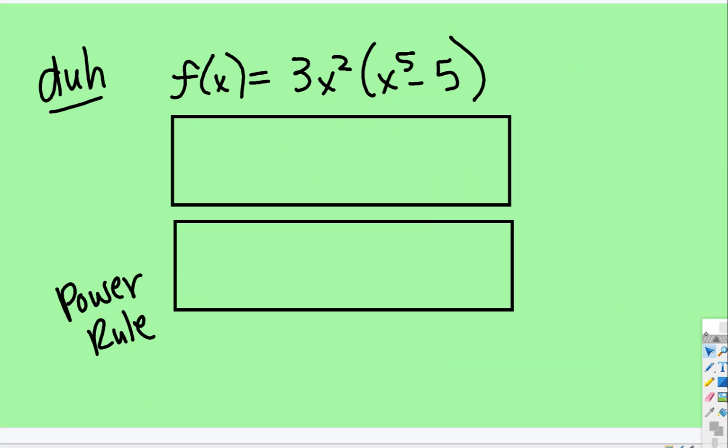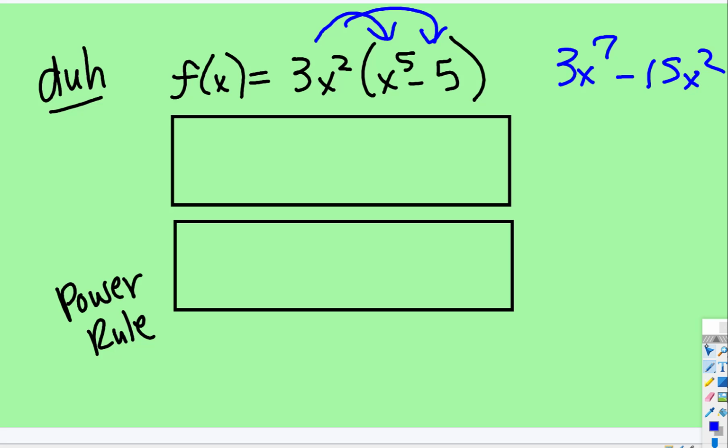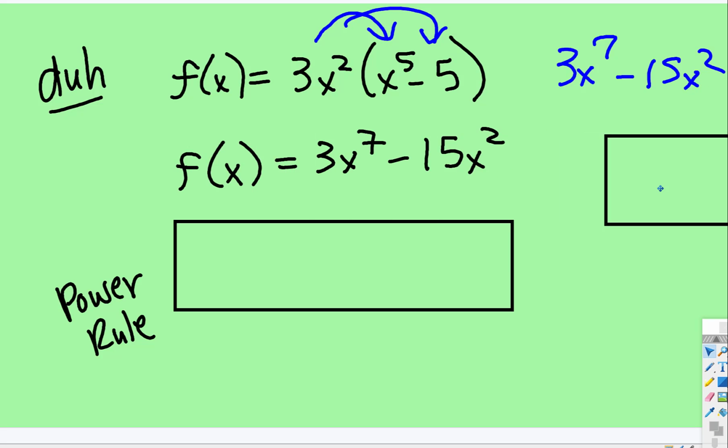For that one right there, because there were no y's, they were both just x's, we could have done this faster. You could just do the distributive first. And then that becomes 3x to the seventh subtract 15x squared. Is that what I have right there? And then look at it, you could take the derivative of each piece.